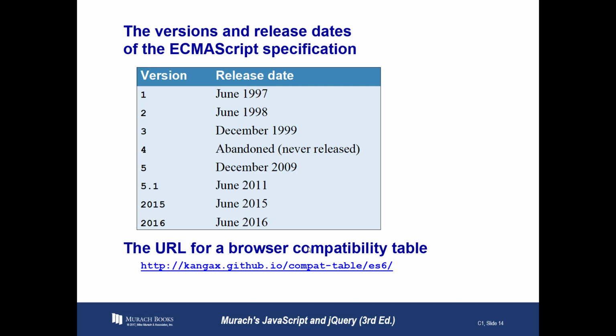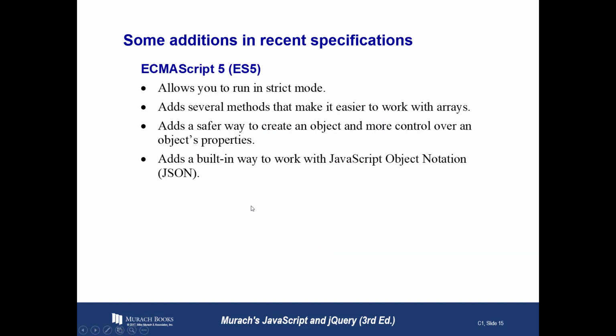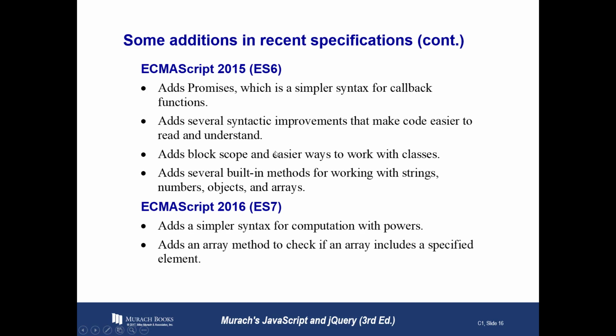So it's a different governing body, although I don't want you to have the mistaken impression that the W3C has nothing to do with it. I know that ECMAScript 6 is out. We'll look at things like strict mode, JSON, and a bunch of these other things that are here. I'm not going to read these to you. We probably won't get into stuff like promises because it's really complex stuff.